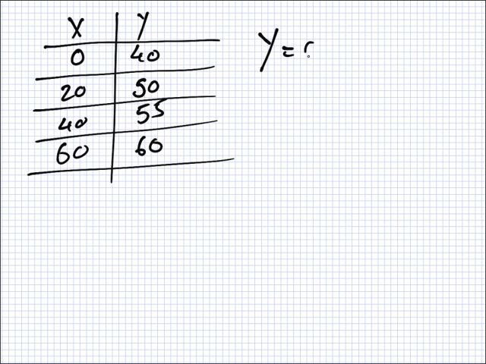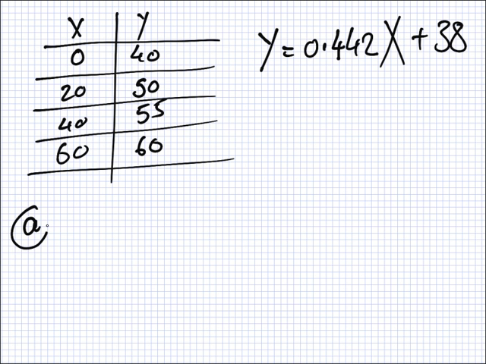Y equals 0.42x plus 38. Now, the answer I'm going to get in a minute will be mathematically the most accurate line of best fit. So, just to practice, we'll just calculate a couple of simple things first.